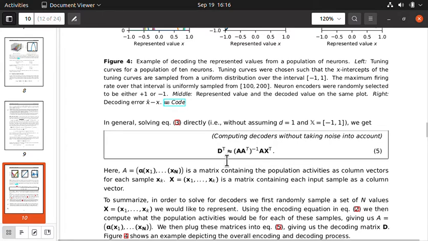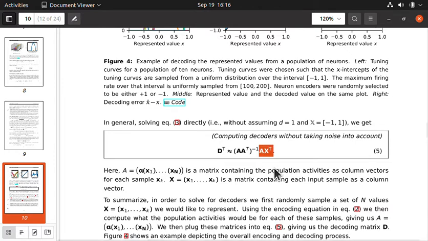But what we have is, in order to find our best decoders, the decoders that do the best job of extracting information, or of figuring out what the X value was given the activities of the neurons, we have the A matrix, which is, for each of the X values that I'm interested in, the activities of all the neurons. I take that matrix, I do that matrix times this other one transposed, take the inverse of that thing, and then multiply it by that.